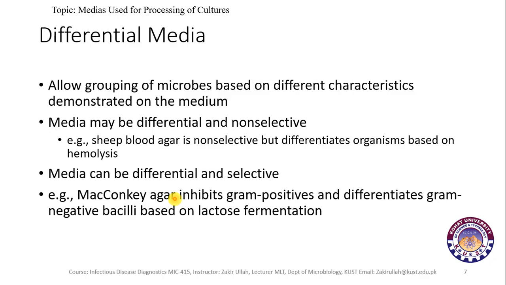Certain gram negative bacteria give a pinkish color when they ferment lactose in the media, and those bacteria which do not ferment the lactose do not produce that pinkish color.